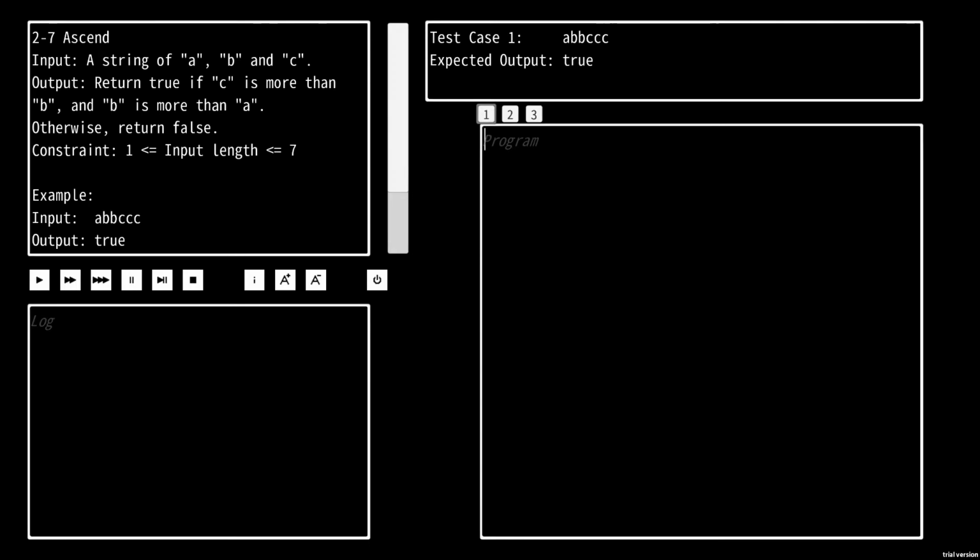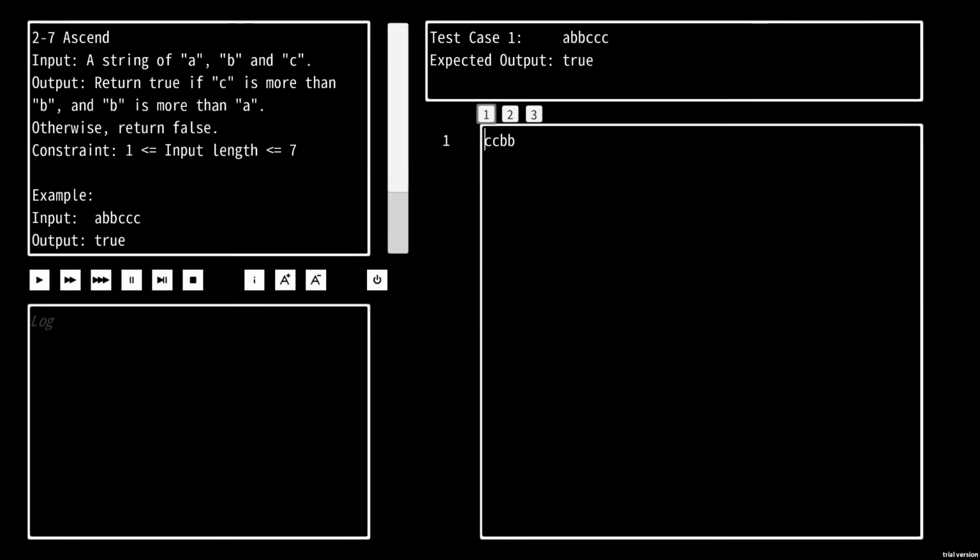I feel like it's easier to check if B is more than A first. So the thing I'm imagining, right, is we have some amount of A's, B's, and C's in some order. What I can do is delete ABC, ABC, ABC, one by one until something is gone.